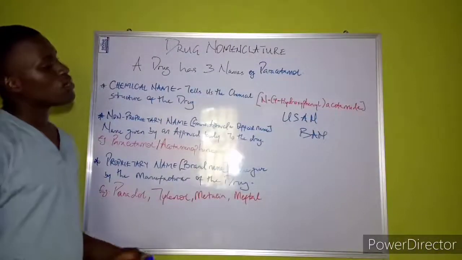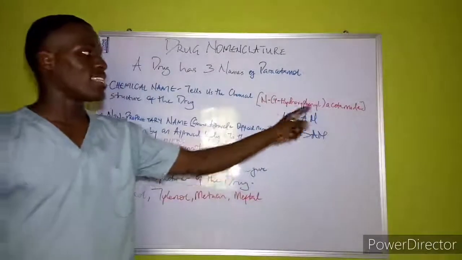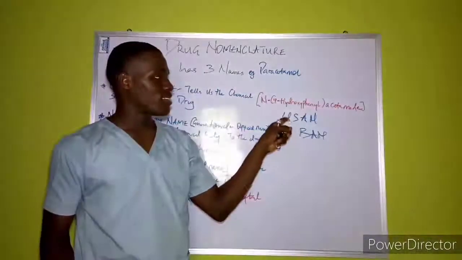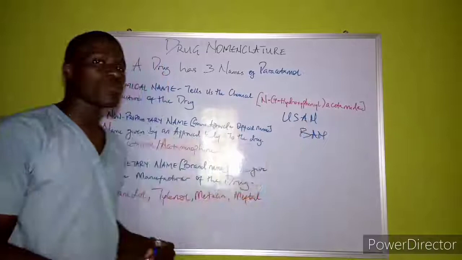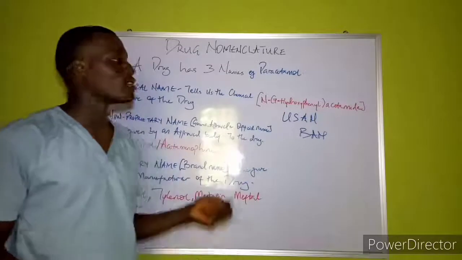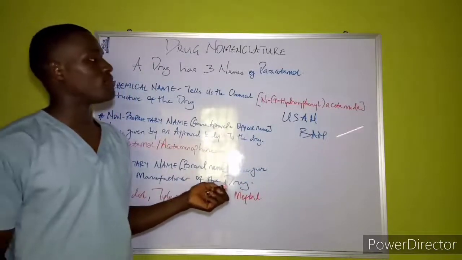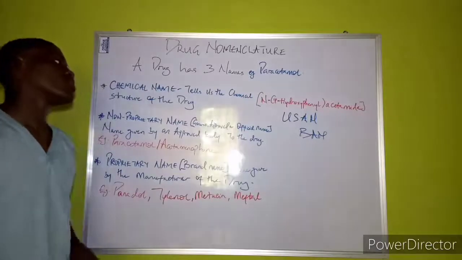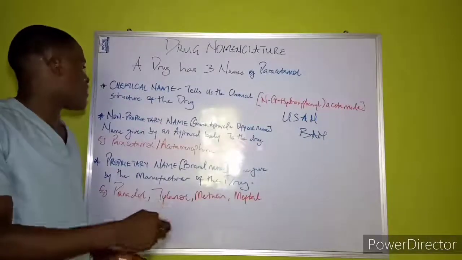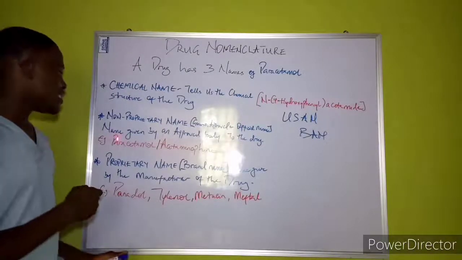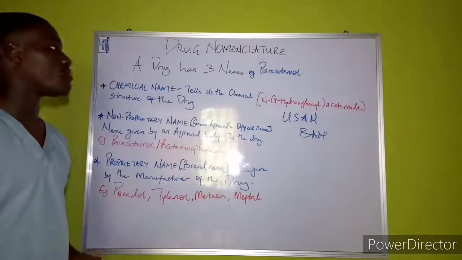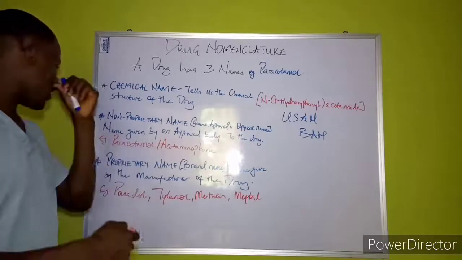The USAN is responsible for giving drugs names in the United States of America, and the BAN is responsible for giving drugs names in Britain. So take note of that. A name given by these two associations is referred to as the non-proprietary name, which is the name given to the drug by an approved body.